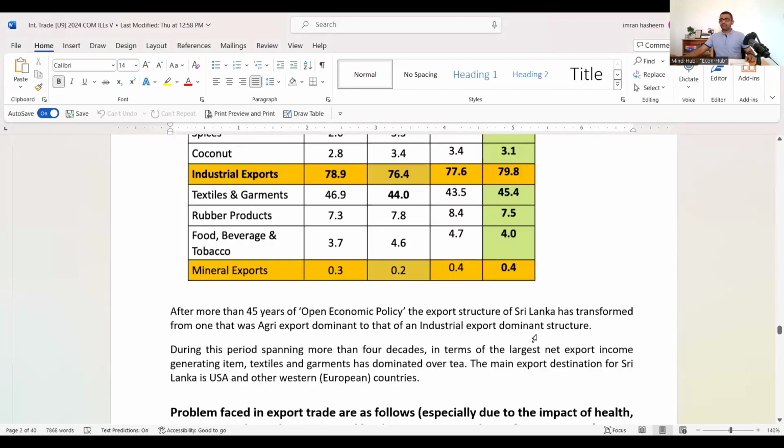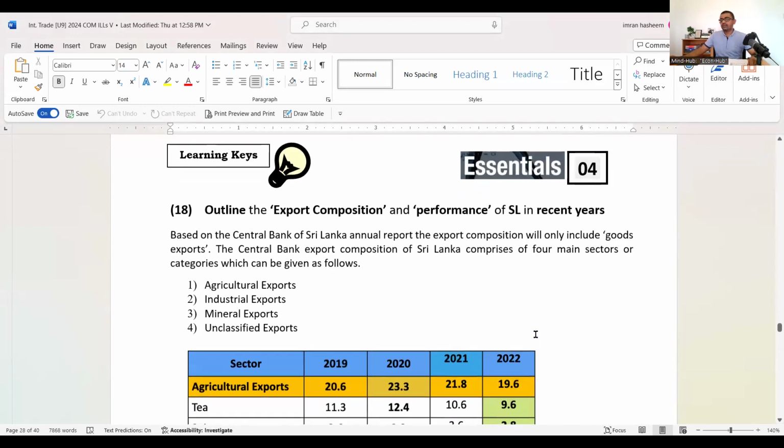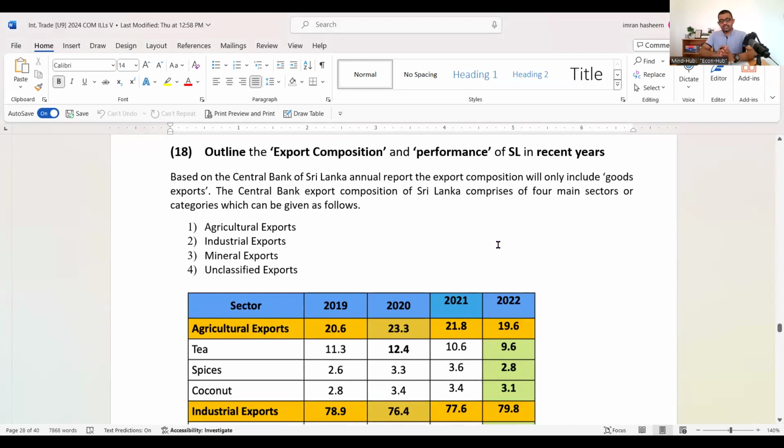Essentials 4. The question is: outline the export composition and performance of Sri Lanka in recent years. Based on the Central Bank of Sri Lanka annual report, the export composition will only include goods. Now that's an important thing. We are only talking about goods exports.